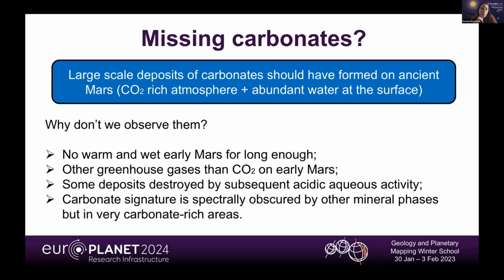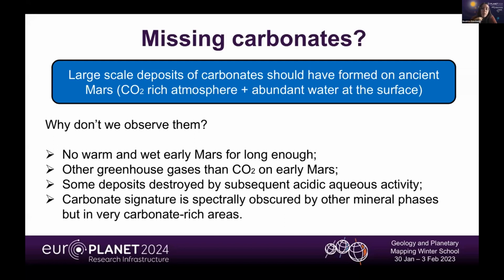There might be several reasons, some of which are more reasonable than others, and I put here some possible explanations. It might be that Mars wasn't warm and wet, or wasn't warm and wet for long enough. It is also possible that we had other greenhouse gases than CO2 on early Mars.